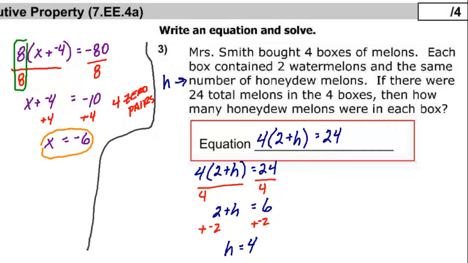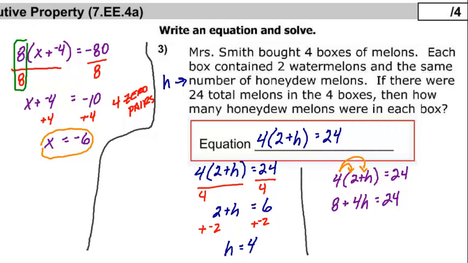A second way that I could have done this problem, once I had my equation 4 times (2 plus h) equals 24, is I could go ahead and distribute the 4 times the 2, 4 times the h. That would give me 8 plus 4h equals 24.